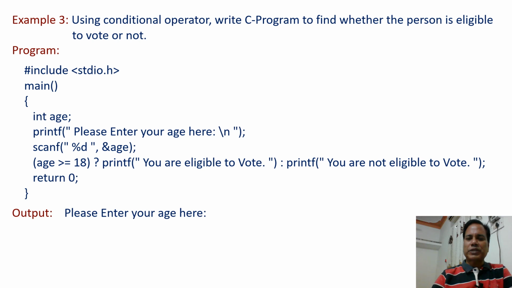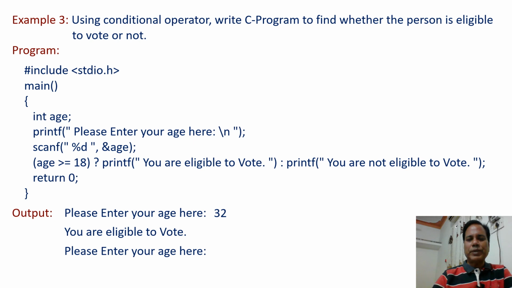So on the output screen, the message please enter your age here is printed, and whenever we enter 32 and press the enter key, naturally the condition is going to be true. So the first part is going to be displayed, and we get that you are eligible to vote.